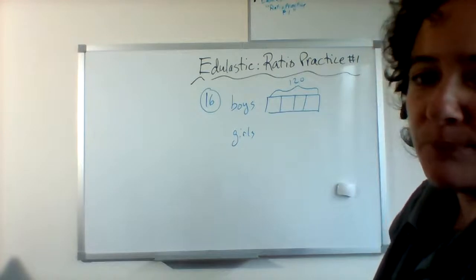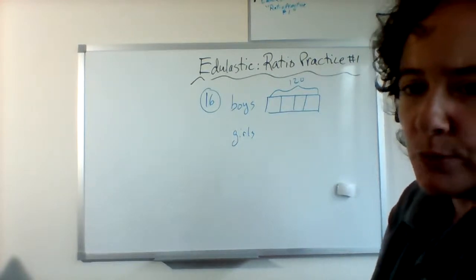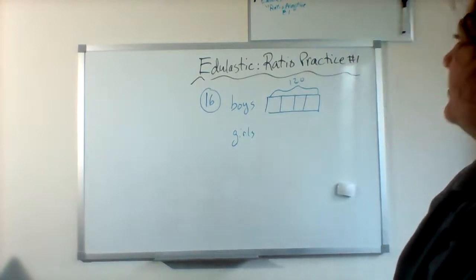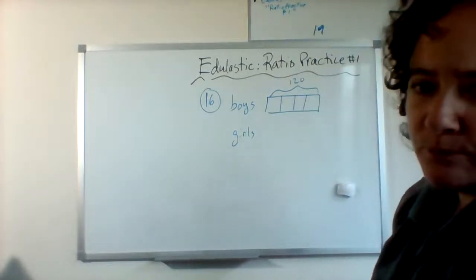Kareem, hold on. Let me do this problem and then I'll check your work, okay? I'll check Janelle and Kareem's work. Yes, we could go over number 19. Let me make a note that I have to do 19.